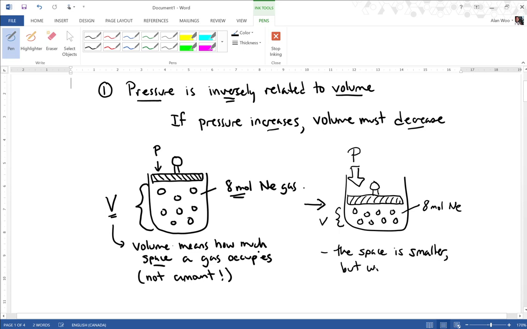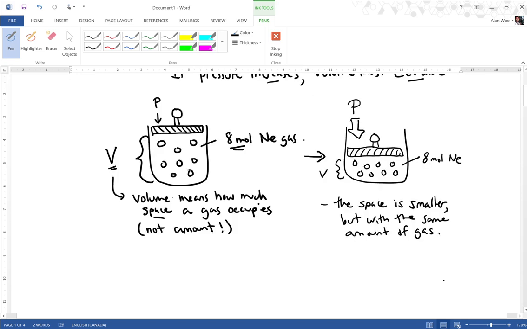But with the same amount of gas. Okay. So what we're saying here is the amount of gas has to be constant. Another thing that has to be constant too is the temperature.